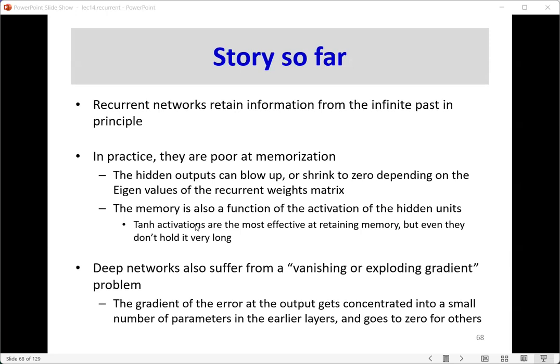The memory is also a function not just of the eigenvalues of the recurrent weight matrix, but also the activation of the hidden units. Tanh activations are the most effective at retaining memory, but even they don't hold it very long. And so deep networks in general also suffer from vanishing or exploding gradients because the gradient of the error at the output gets concentrated into a very small number of parameters in the earlier layers and goes to 0 for others. This making sense?